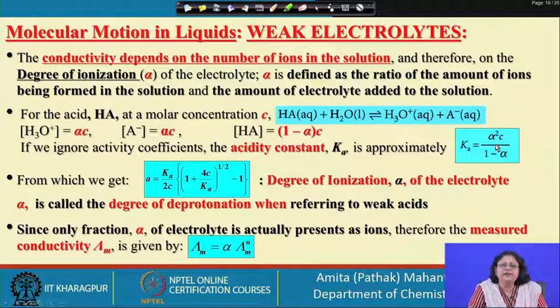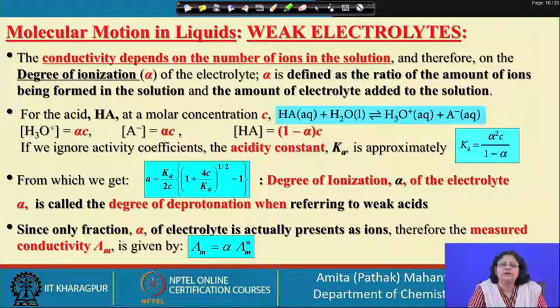From solving this, we can find out what the alpha value is. The degree of dissociation can be found out. This degree of dissociation alpha is called the degree of deprotonation when we are talking about a weak acid. Okay. Since alpha is only a fraction, only a fraction of the electrolyte is actually present as ions.